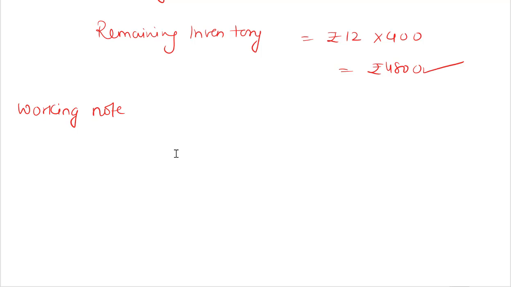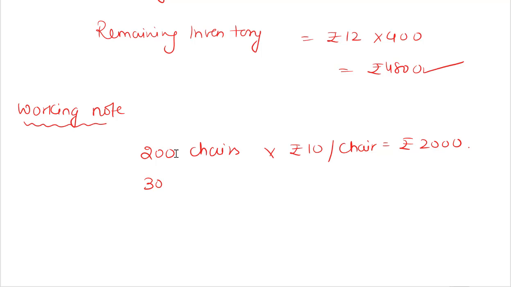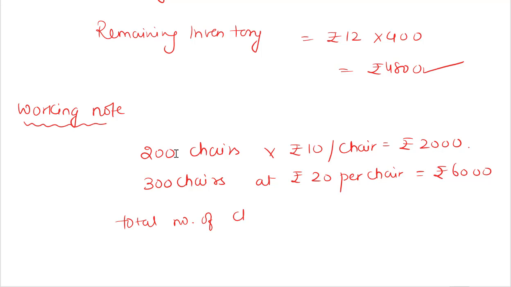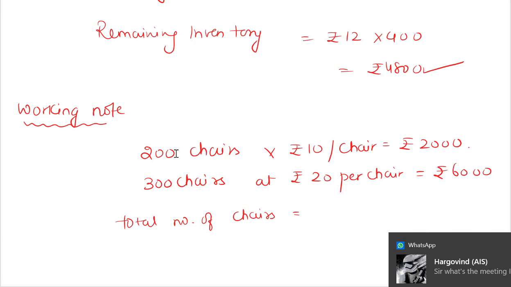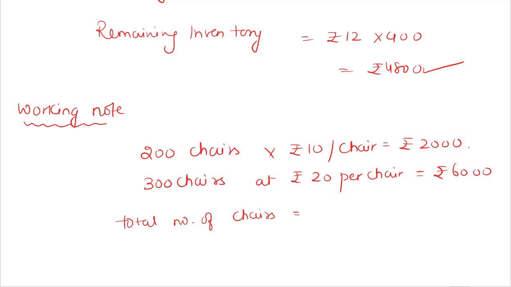Working note: 200 chairs at rupee 10 per chair equals rupee 2000. 300 chairs at rupee 20 per chair equals rupee 6000, and total number of chairs equals 500.